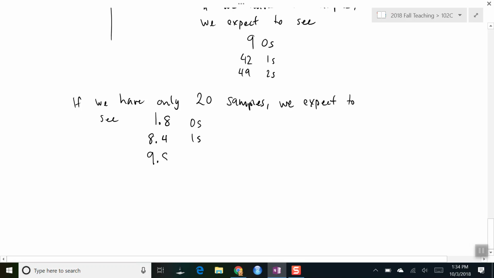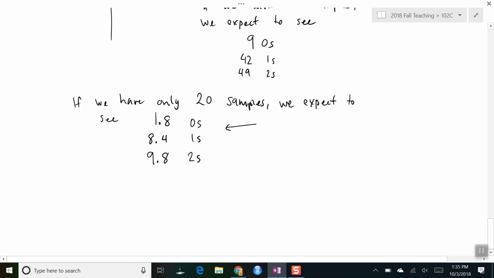Okay. But with 20 samples, we have 1.8 zeros, and 20 times 0.42 is 8.4 ones, and 20 times 0.49 is 9.8 twos. Okay, thank you. Of course, when you actually do your counting, you're only going to get whole numbers.